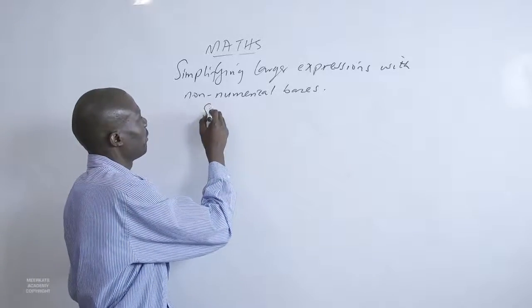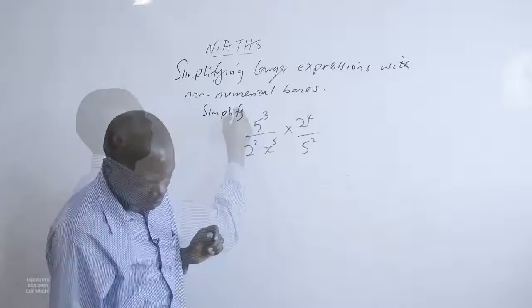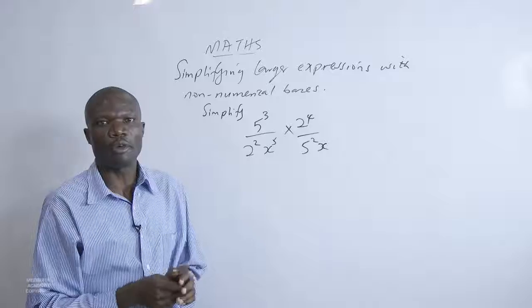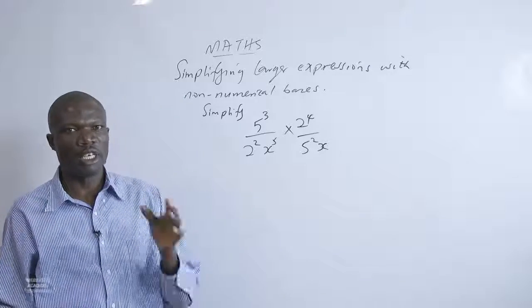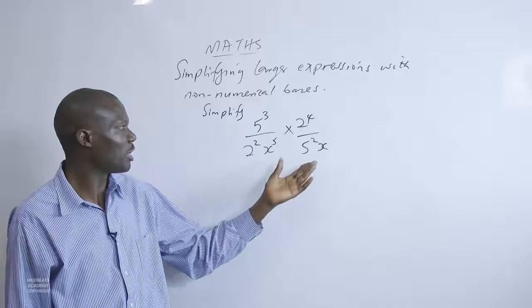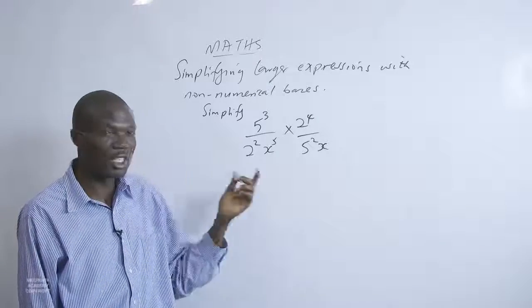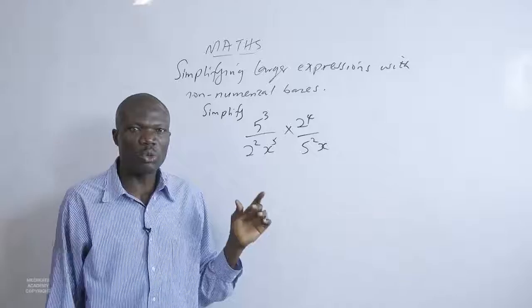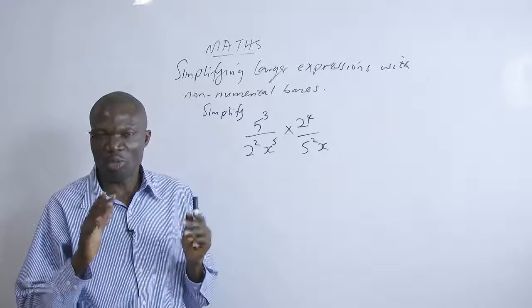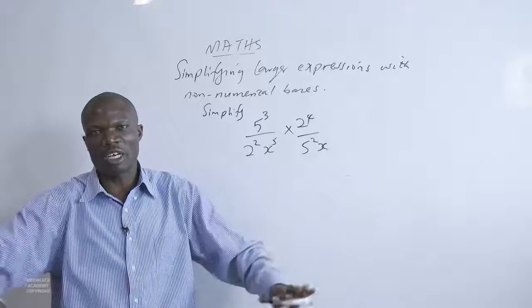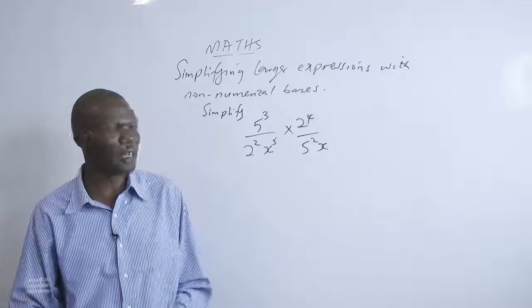Simplify. Now we have a mixture of numerals and we also have the bases. But the main interest that we have is to work out this. What we said earlier on is that when multiplying fractions, numerators go by themselves and the denominators are also multiplied by themselves.